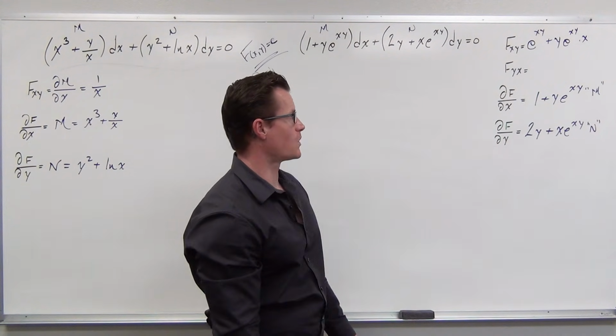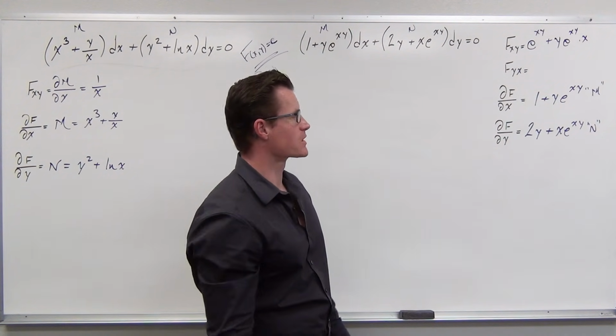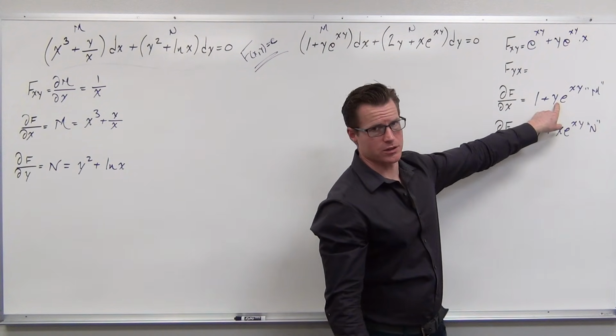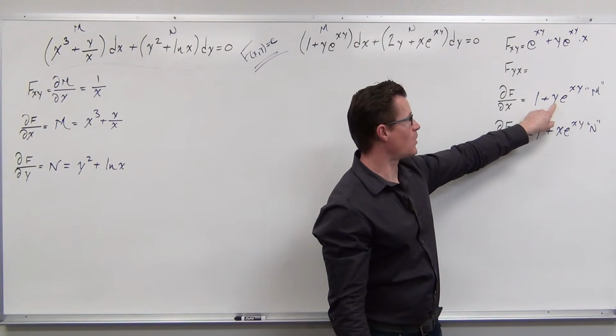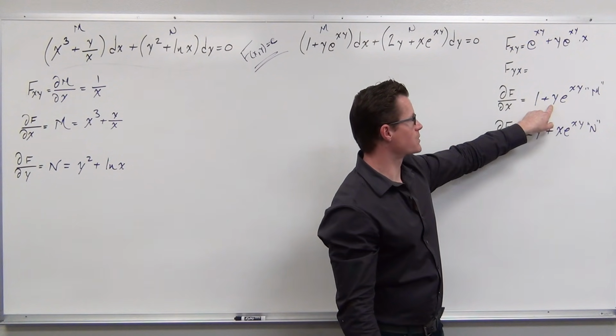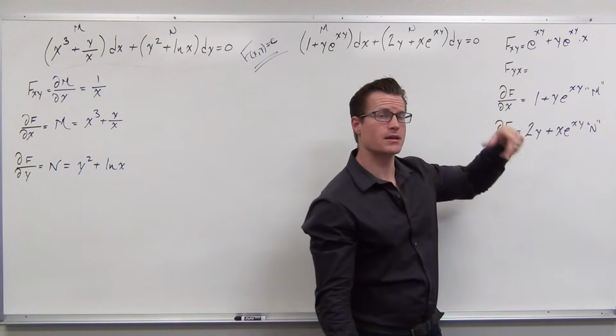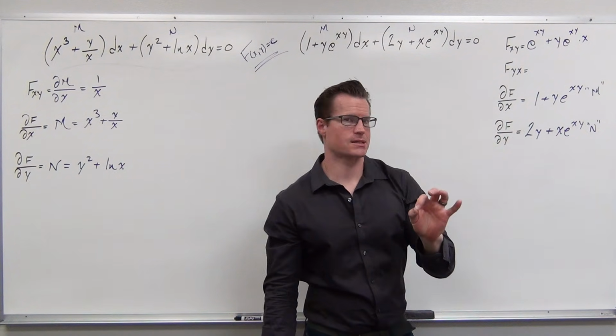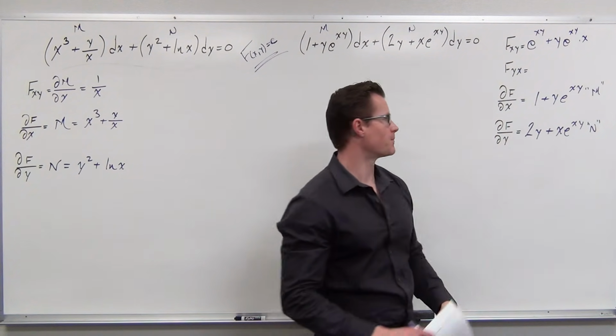So that's e to the xy plus y e to the xy x. Remember that this derivative with respect to y would go to 0, but this is a product rule. So derivative of the first is y, leave the second, plus the first, that's our y. Derivative of the second is e to the xy times chain rule. Chain rule says derivative of xy gives you x, because that would be held like a constant there.